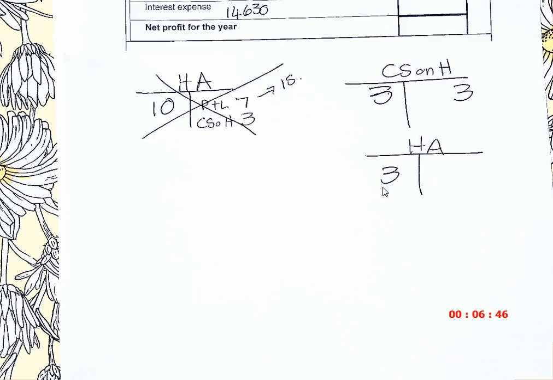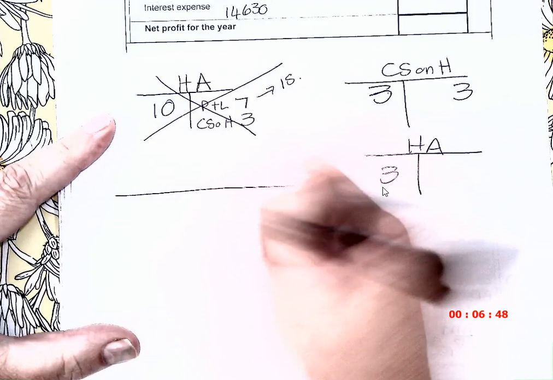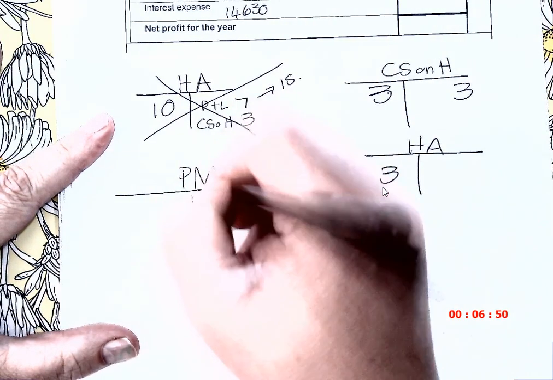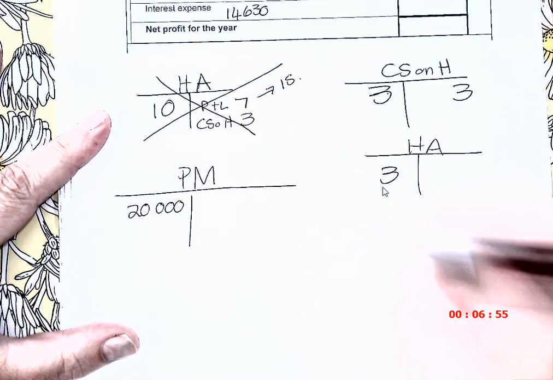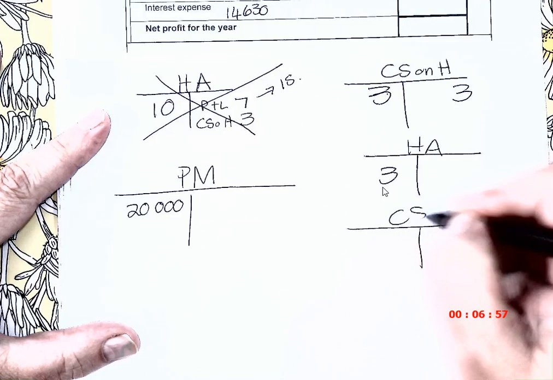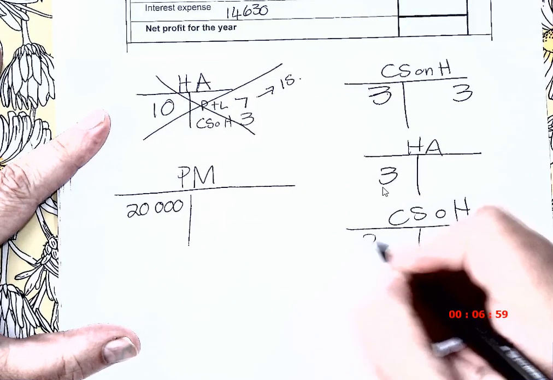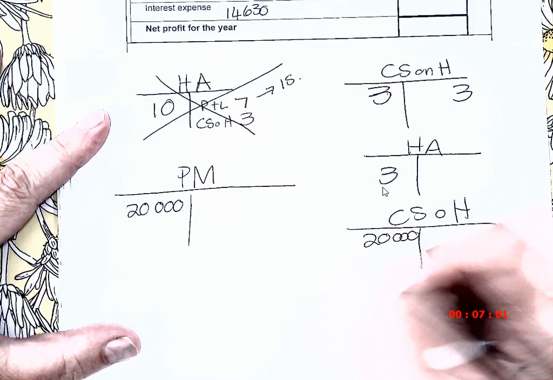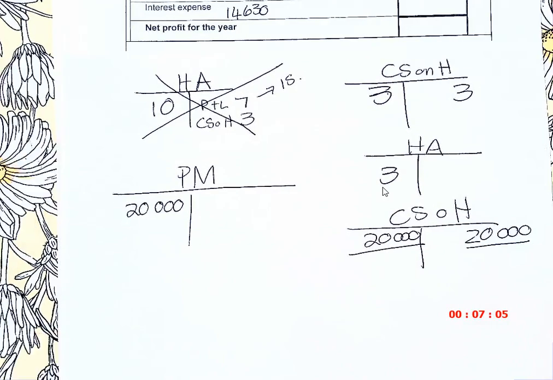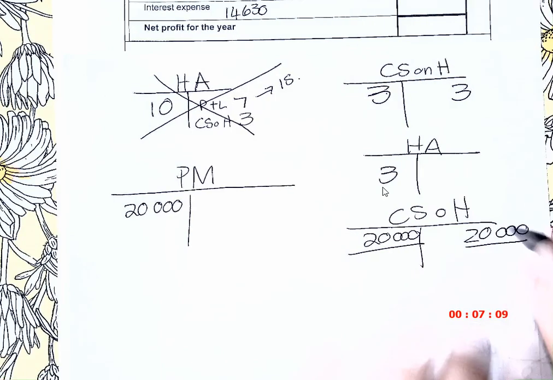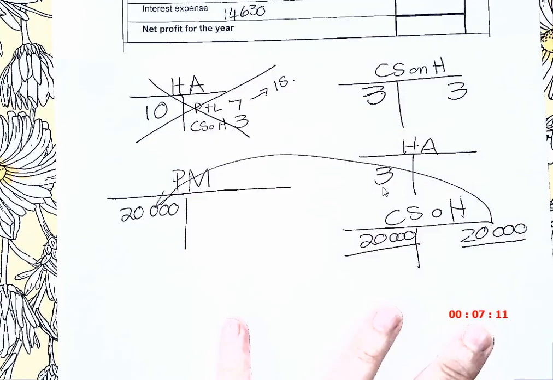So now if I look at my packing material, do you agree with me? I'm going to start with 20,000. Why? Because there's a consumable stores on hand with 20,000. So I'm going to cancel that because it's not on hand. If it's the beginning of the year, most probably I already used it. So I'm going to take it over back to packing material.